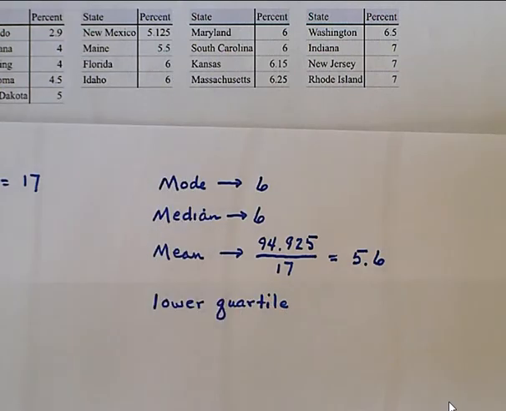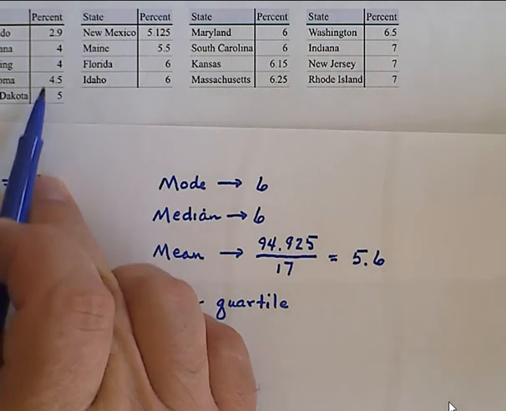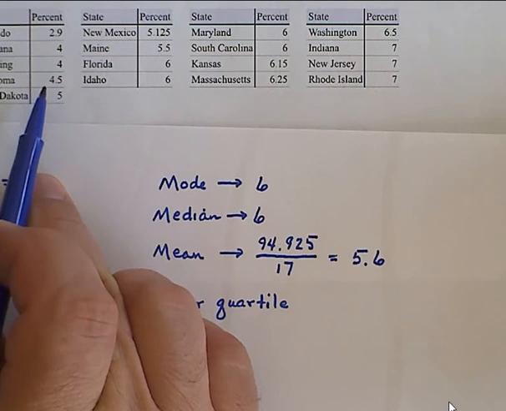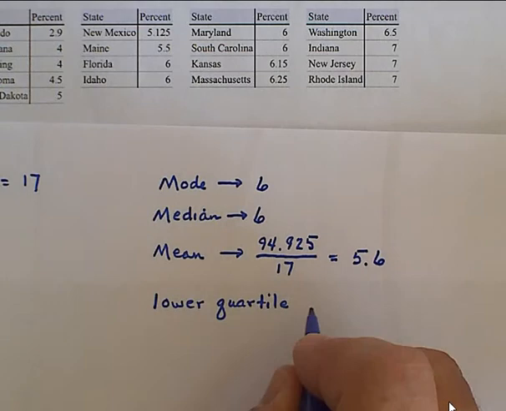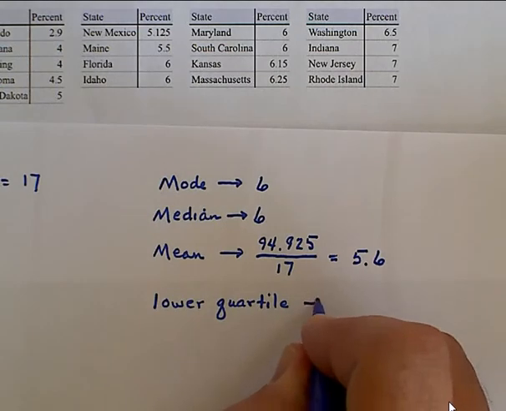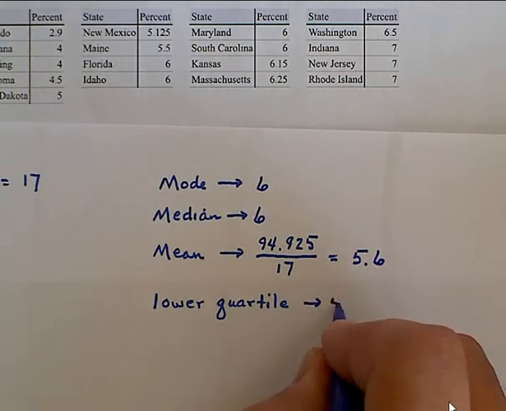Because there are 8 numbers in the lower half, I need to take the fourth and fifth numbers and average them. So these are my middle values of the lower quartile. So if I take 4.5 plus 5 divided by 2, my lower quartile is 4.75.